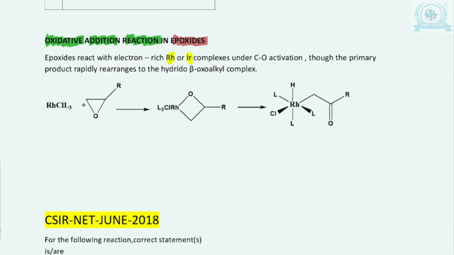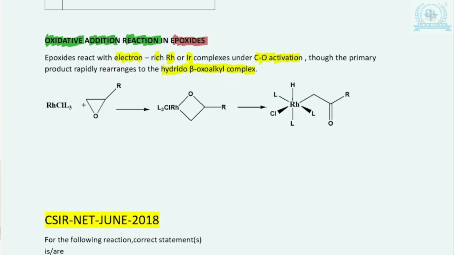You must be knowing that in any oxidative addition, the electrons are given out by the metals. Because oxidation of the metal is taking place, the metal should be electron rich. That is why, when epoxide reacts with electron-rich metals like rhodium or iridium, it results in the CO activation. This is very important, and through the primary product, it rearranges to form the hydrido beta oxoalkyl complex. Now this is very important.